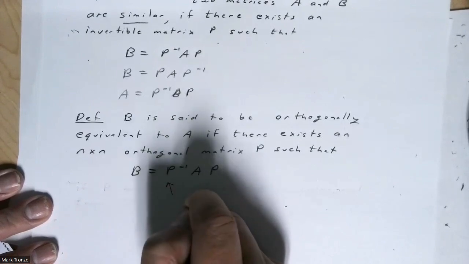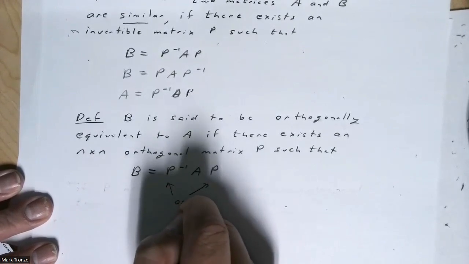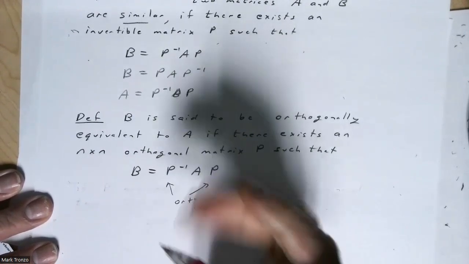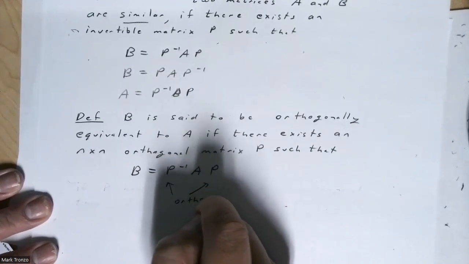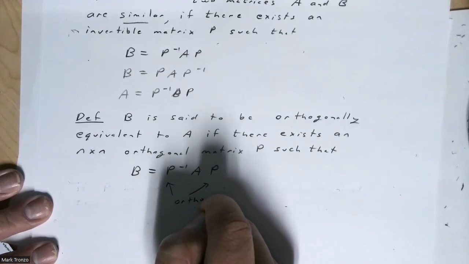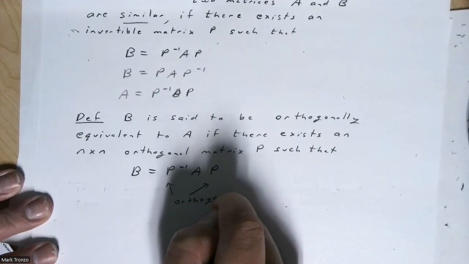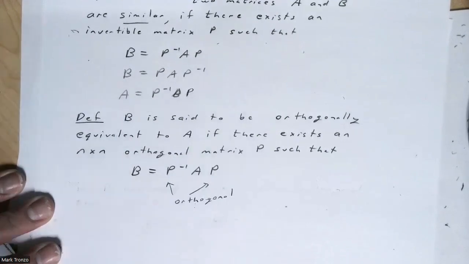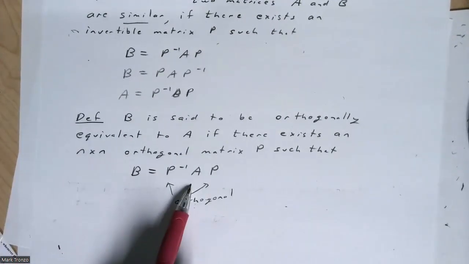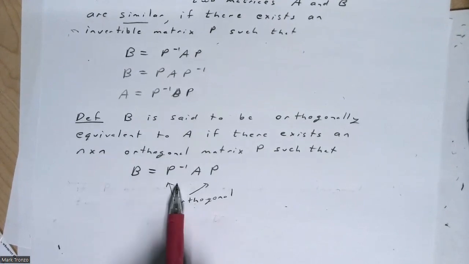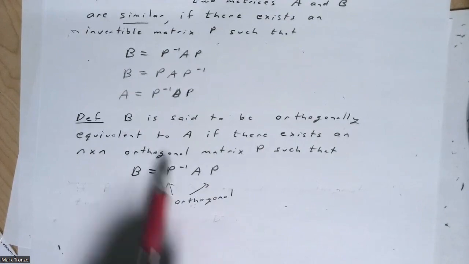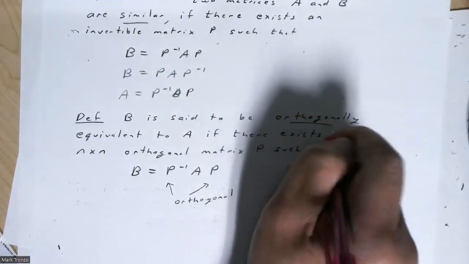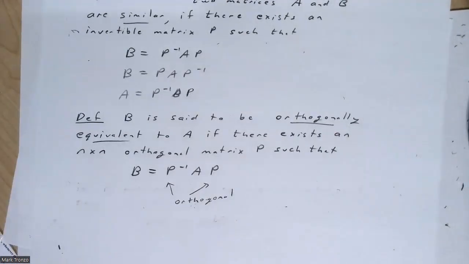So again, P is orthogonal. If P is orthogonal and B is similar to A with this relationship, then we say that B is orthogonally equivalent to A.